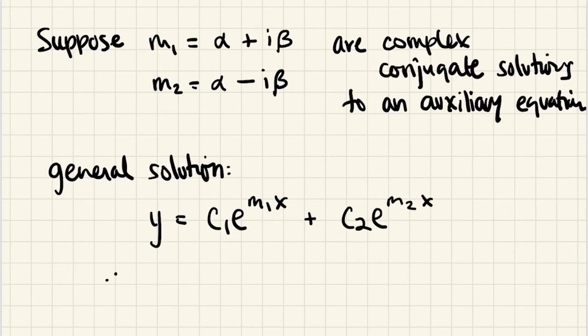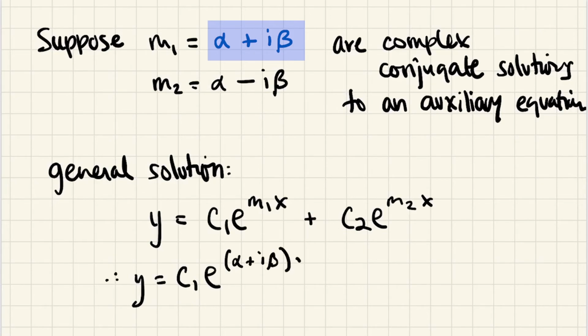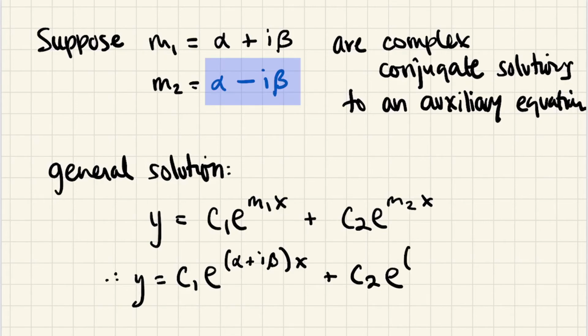So that means that we have c1 e to the m1, which is alpha plus i beta x, and c2 e to the m2, alpha minus i beta x.